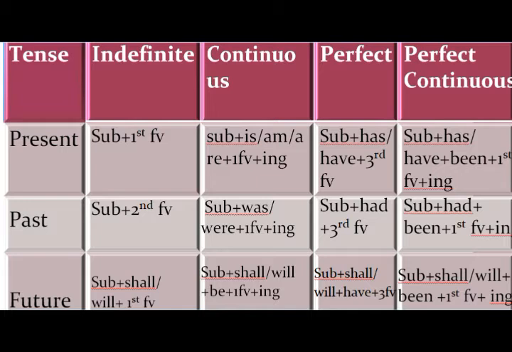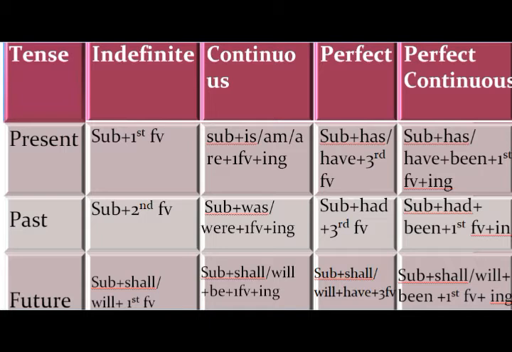Then we use the formula of continuous, that is first form of verb plus ing. In the same way we see in past perfect continuous also. First we use the formula of past perfect, that is subject plus had. Okay. Again, after that we use the word been. Then we use the formula of continuous, that is first form of verb plus ing.